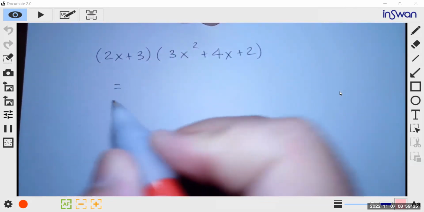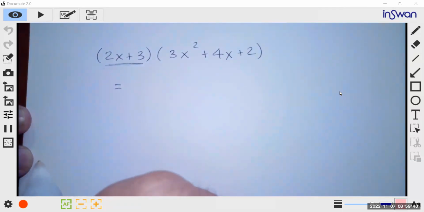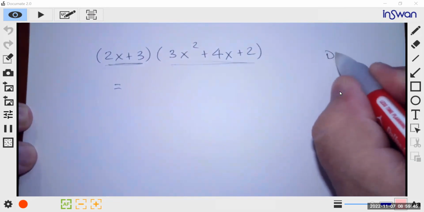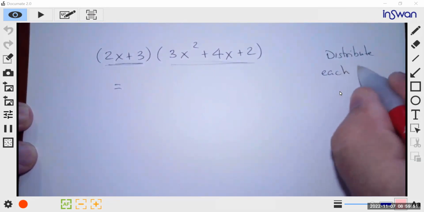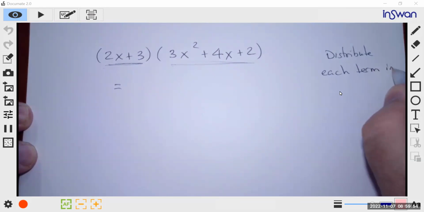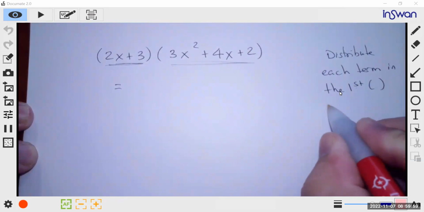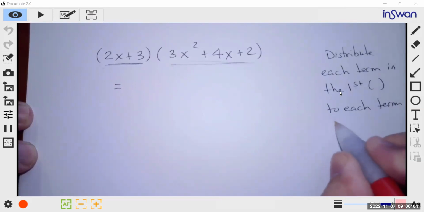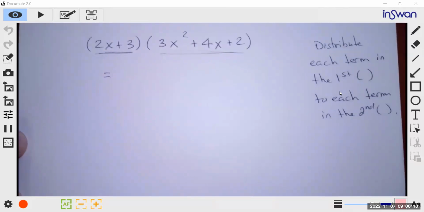In this method, you distribute everything from the first parenthesis to everything in the second parenthesis. Distribute each term in the first parentheses to each term in the second parenthesis. This is another distributivity property.